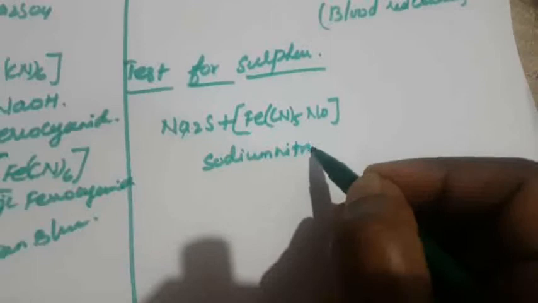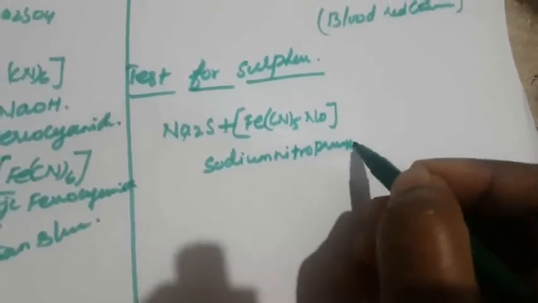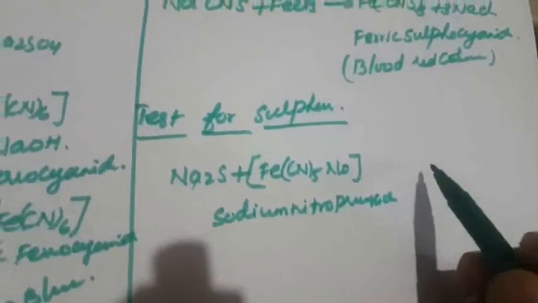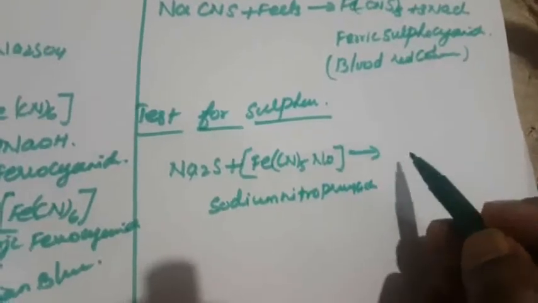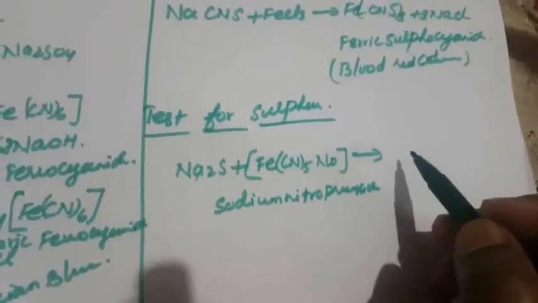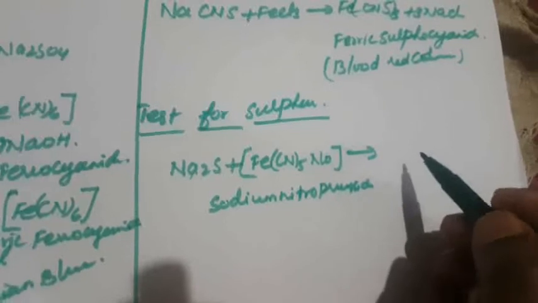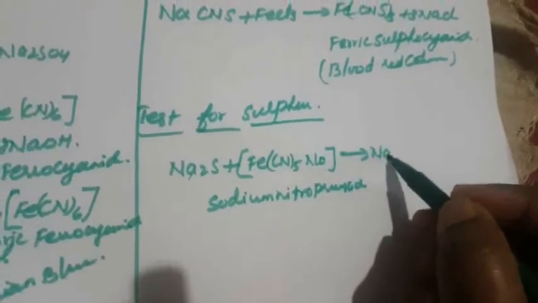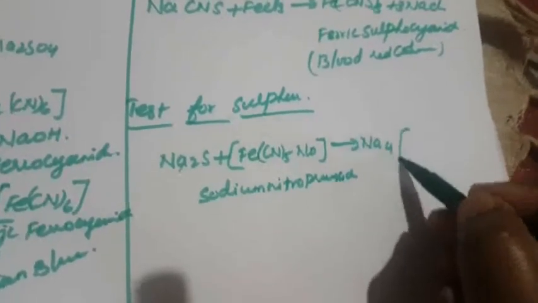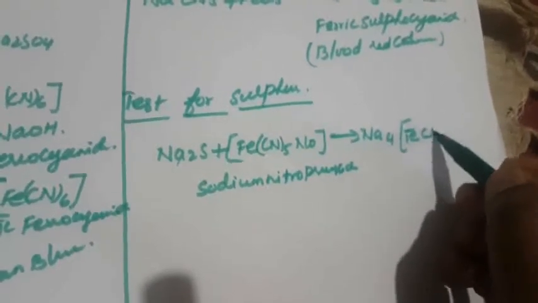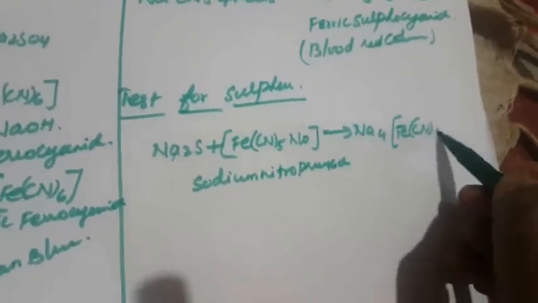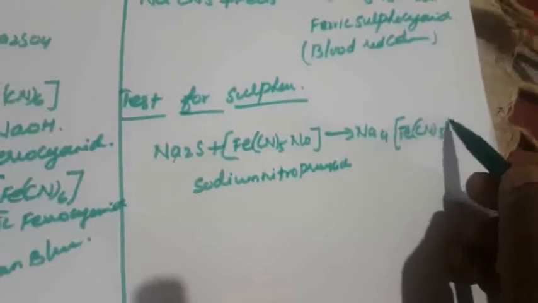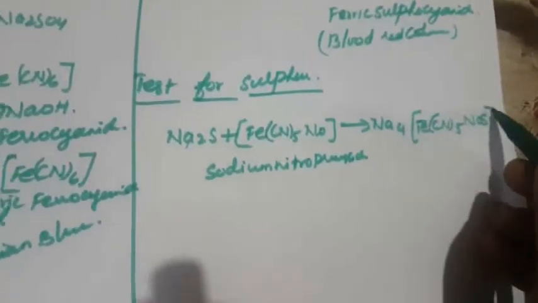Sodium nitroprusside reacts to form a deep violet color, obtained when the compound contains sulfur. Na4[Fe(CN)5NOS].